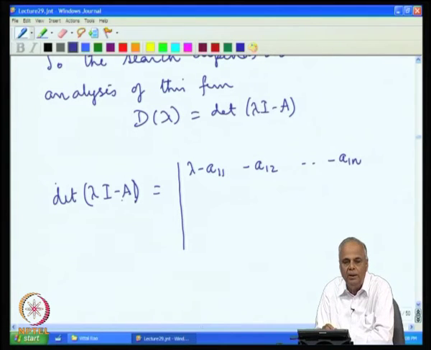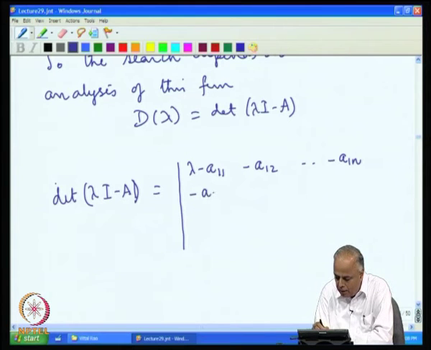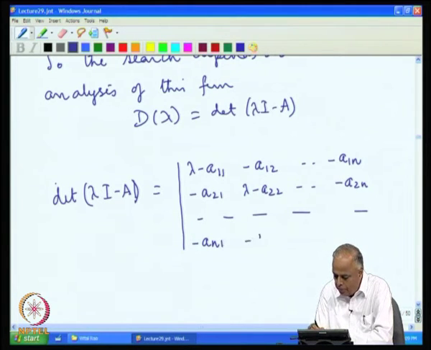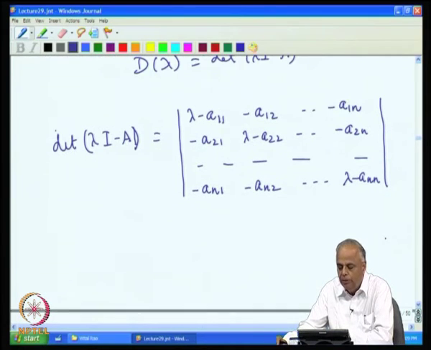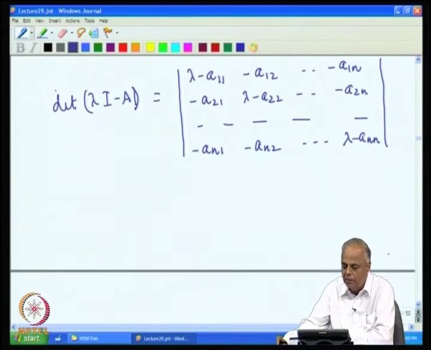It is simply the matrix minus A, except that along the diagonals we have to stick lambda. So, the next row is minus a 2 1, lambda minus a 2 2, up to minus a 2 n, and so on. The last row will be minus a n 1, minus a n 2, and then lambda minus a n n. So, this is the n by n determinant, which is determinant of lambda I minus A.